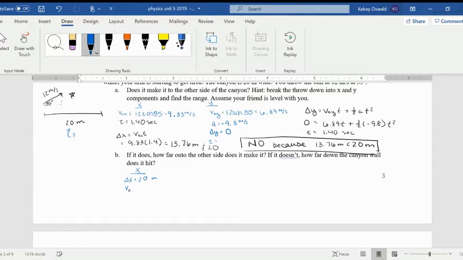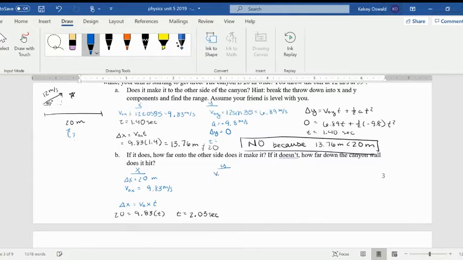So we know that range is 20 meters, and we know our horizontal velocity is 9.83 meters per second. So using our range equation, we'll find that our ball is in the air for a total of 2.03 seconds. So it takes 2.03 seconds for the ball to reach the other side. We want to see after those 2.03 seconds, what is our vertical position?